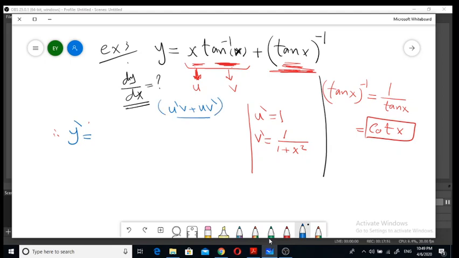U prime is equal to 1 times v, which is tan inverse of x, so it will be tan inverse of x, plus u v prime, x times 1 over 1 plus x squared, so we can say x over 1 plus x squared.